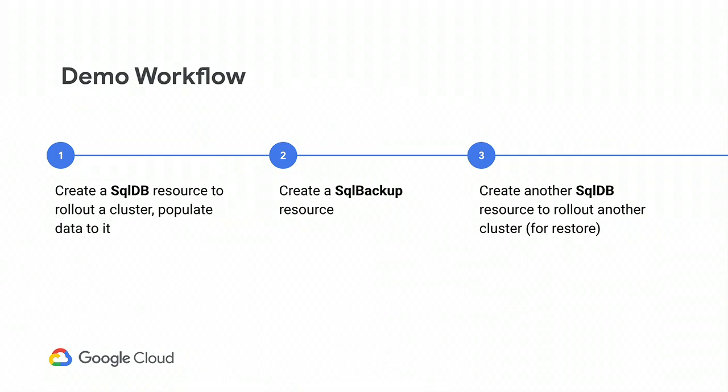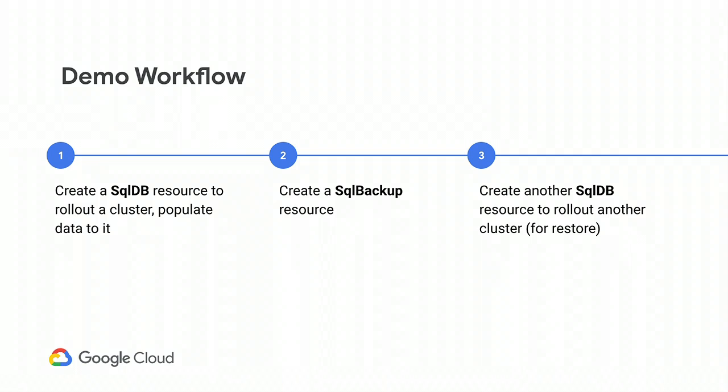It comprises only three steps. The first step is to create a SqLDB resource to roll out a cluster, wait for the Postgres cluster to become ready, and then populate data into it. Please note that for simplicity, in our demo we will only start one Postgres database instance, so a cluster means only one instance of a database.